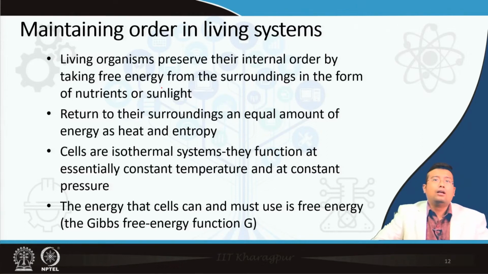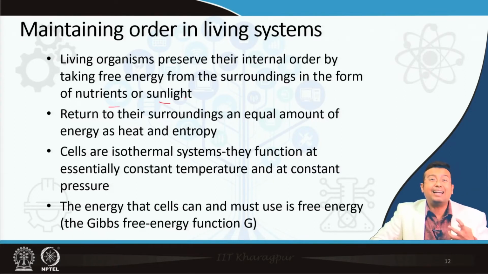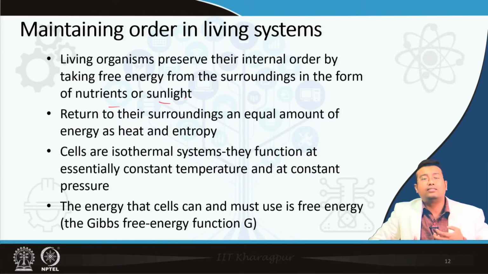So, how do we gain energy? We gain energy from our surroundings in the form of nutrients or light, that is either food or sunlight, and we also continuously return energy to the surroundings in the form of heat. Maybe you are not feeling hot, but through micro-perspiration, heat is constantly lost from our skin.